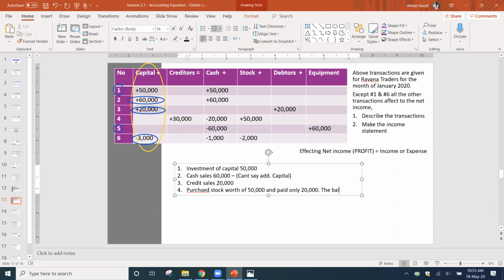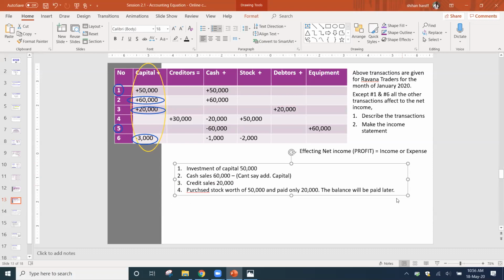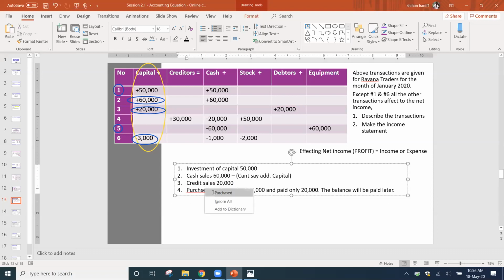The balance will be paid later. You can put this into any other sentence. Or you can say cash purchases 20, credit purchases 30, and total stock increased by 50.